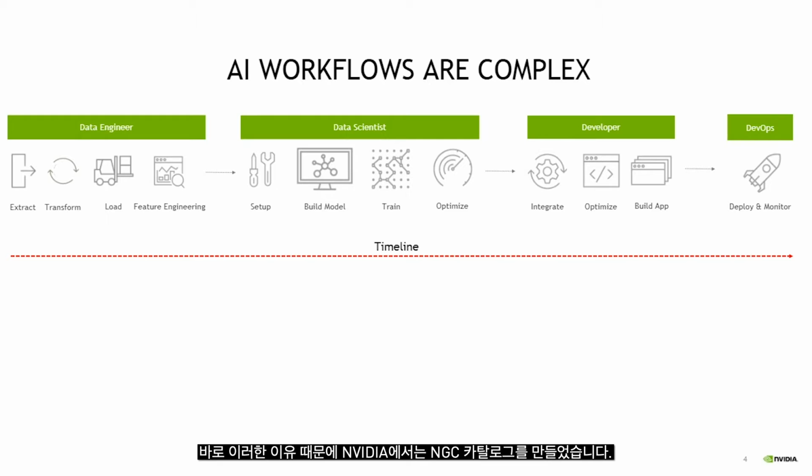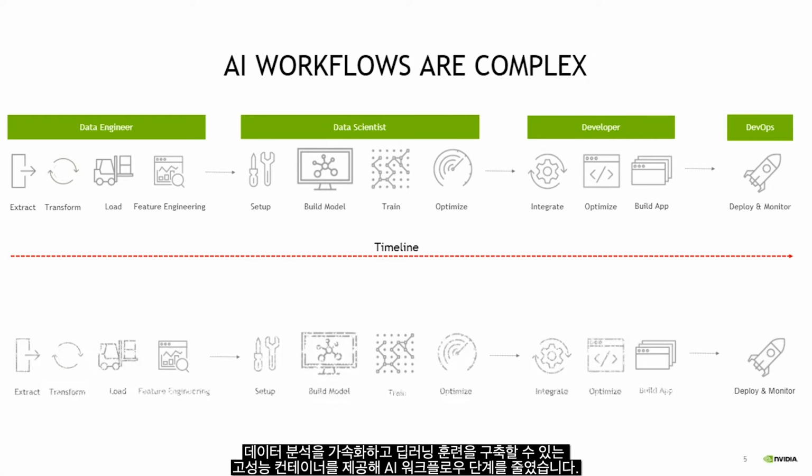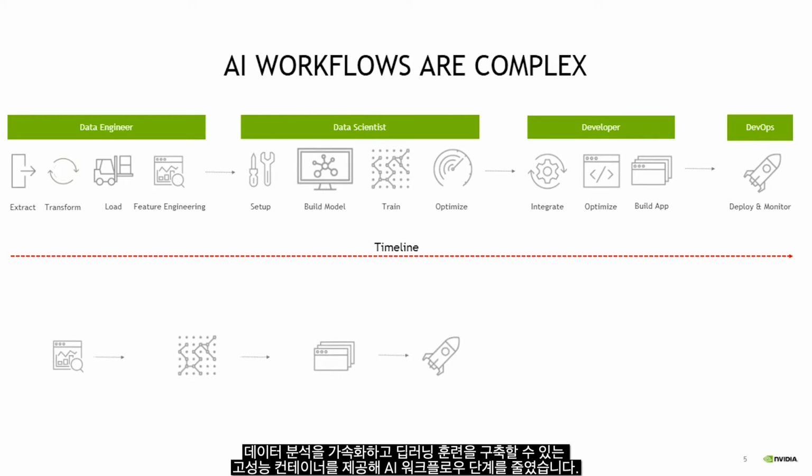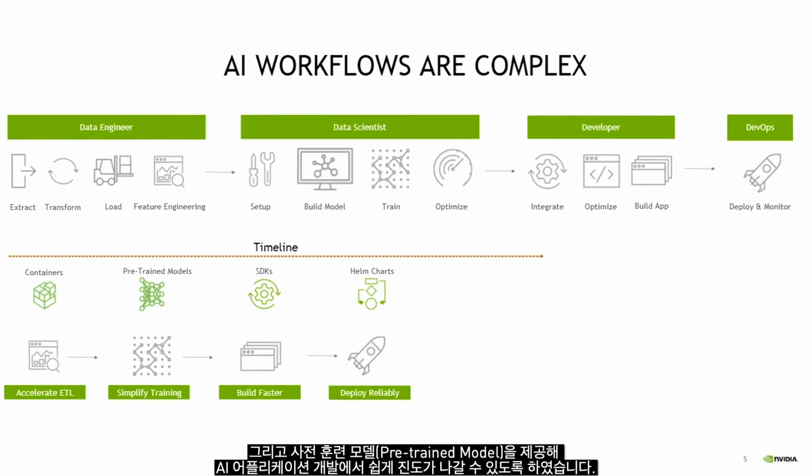Which is essentially why we built the NGC catalog, right? To look at all these different steps, to simplify them, and also to help accelerate that. And how are we doing that today? Well, we're reducing these steps firstly by providing high-performance containers to help accelerate data analytics or even allow you to do your deep learning training itself.